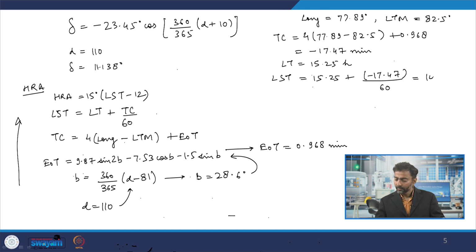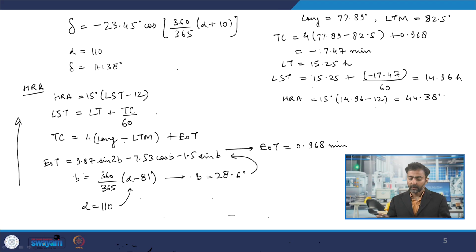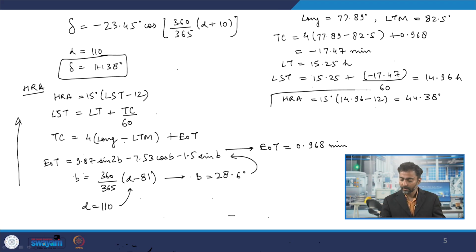So, this comes out to be 14.96 hours, and therefore, the hour angle HRA is 15 degrees into LST minus 12, and this comes out to be 44.38 degrees. So, we have got our delta and we have got the hour angle.